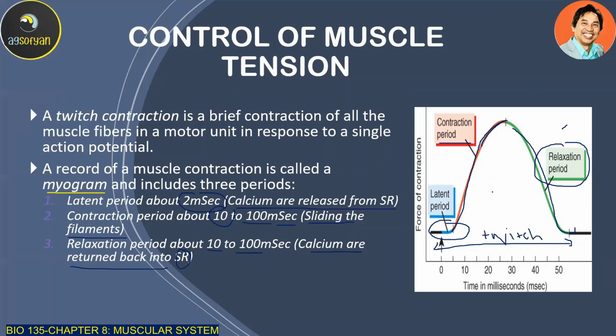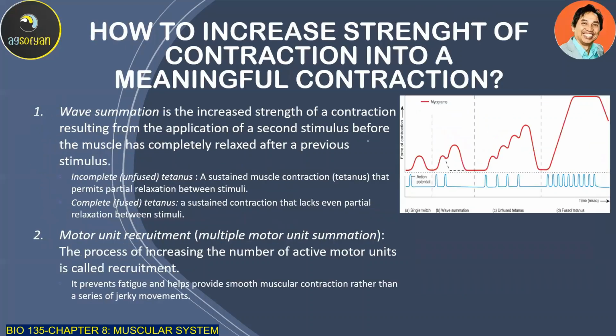Okay, and usually if there is only one twitch like this, it will not be meaningful. In order to make a meaningful contraction, we need a lot of twitches coming together to give a strong contraction. So we need what we call wave summation.